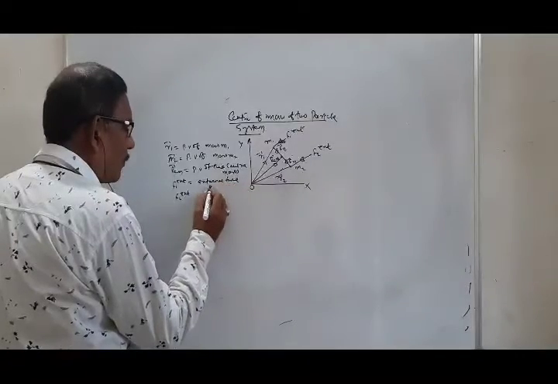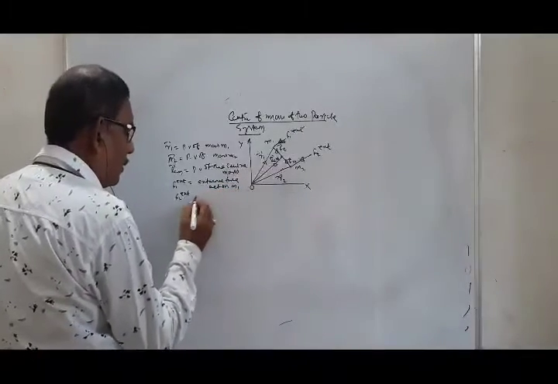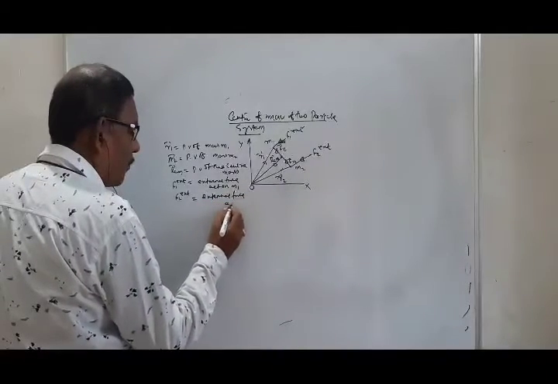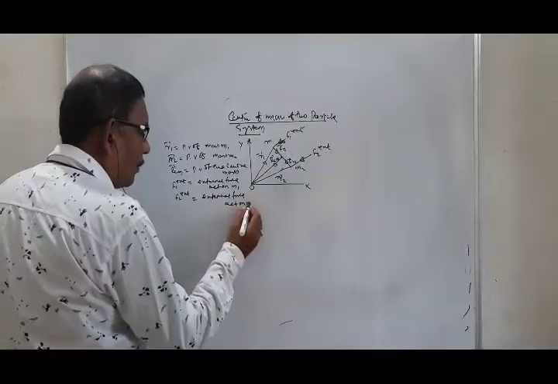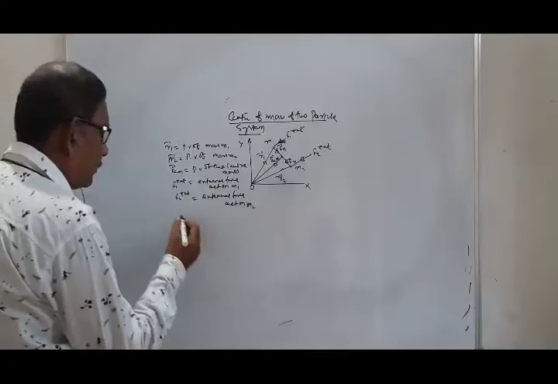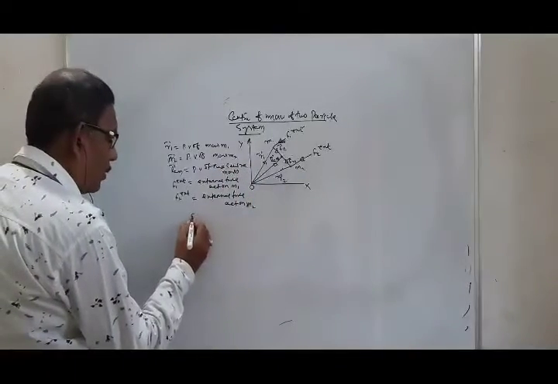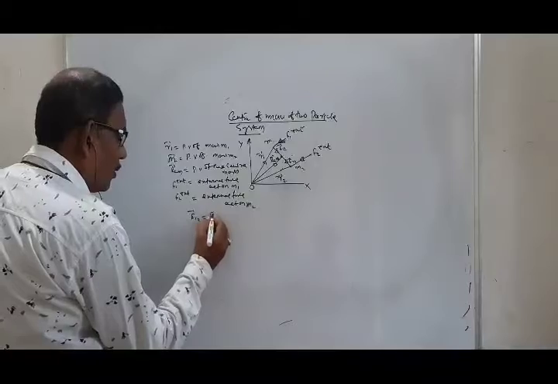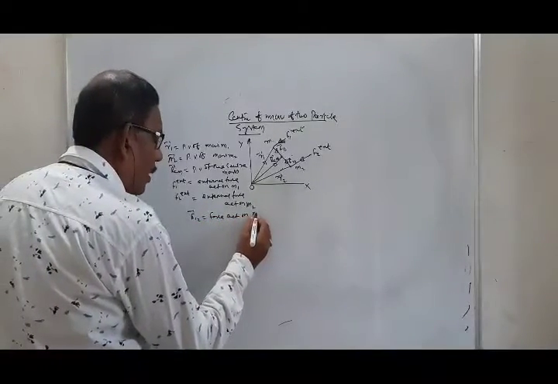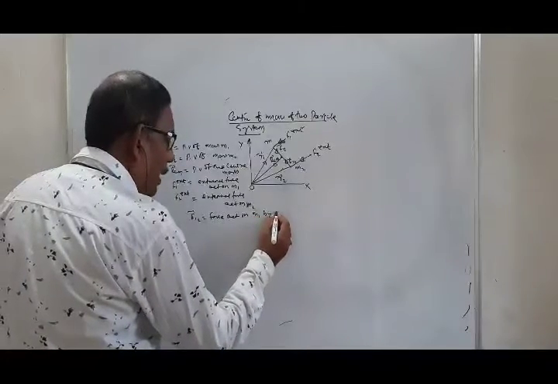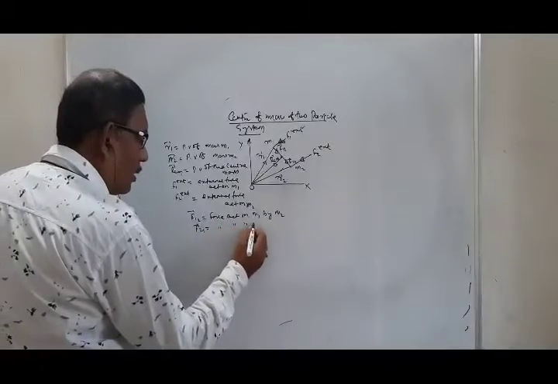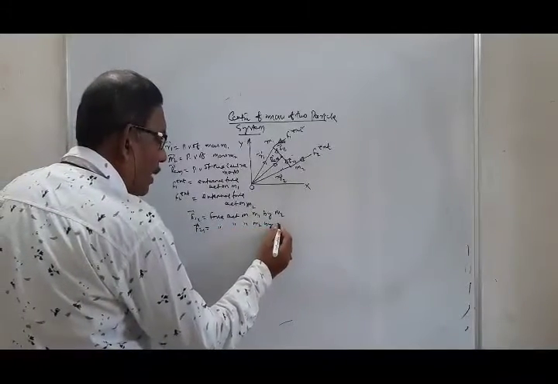The external force acts on M1, the external force acts on M2. Similarly, F12 is the force acting on M1 by M2, and F21 is the force acting on M2 by M1.